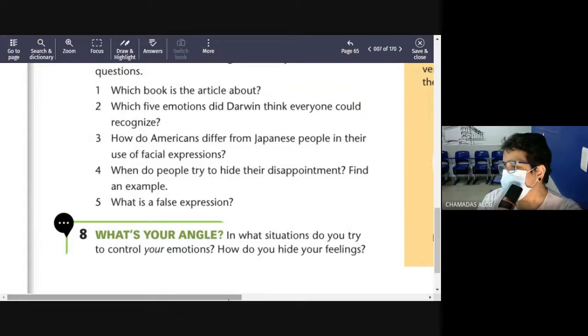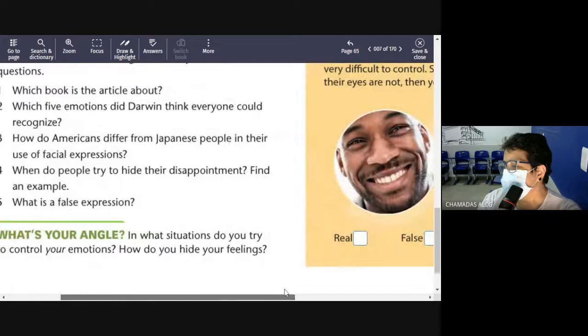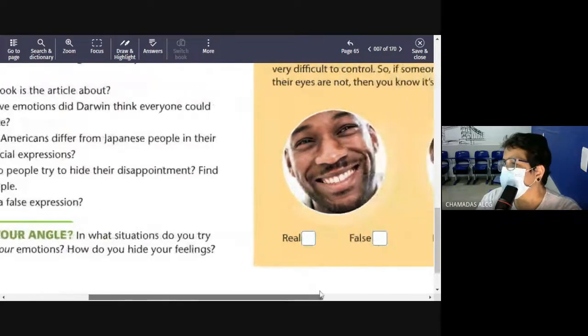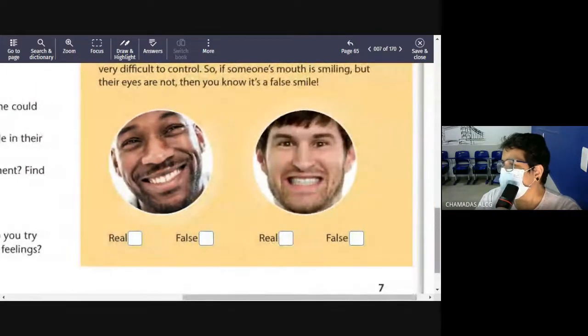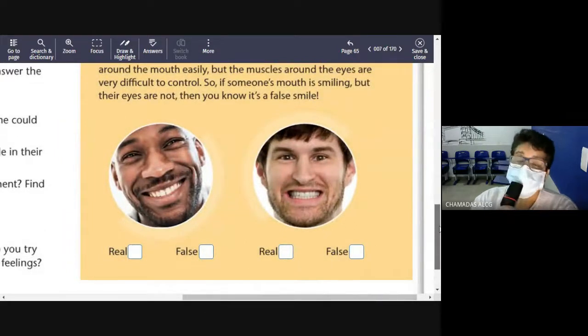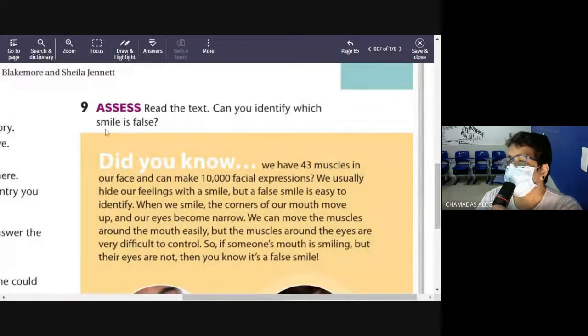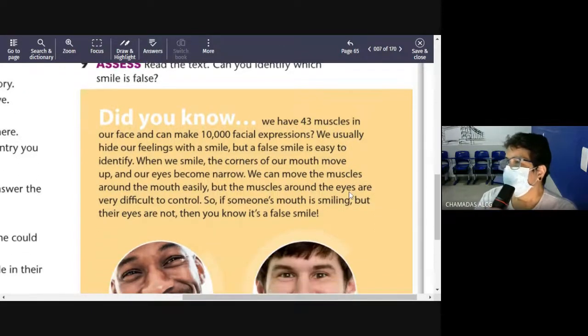So we try to relax somehow, right? We try to stay calm, and sometimes we pray, right? If we believe in something. So let's see number 9. Read the text. Can you identify which smile is false? Take a look.